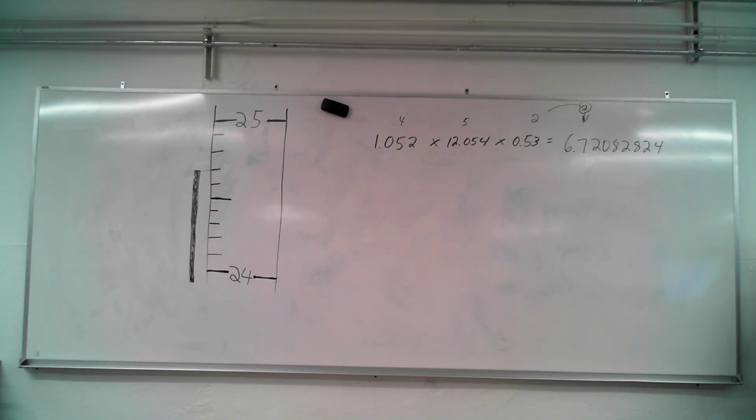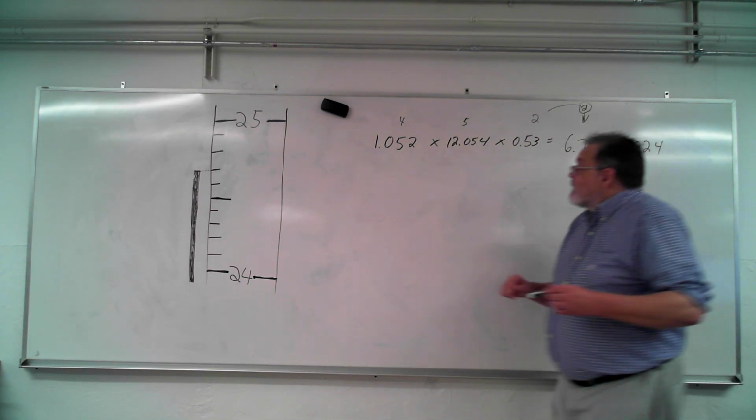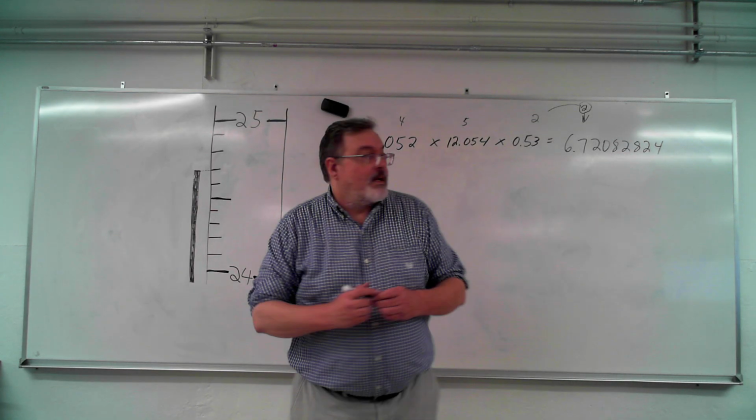I think it's the best way to understand this. I hope that shows up. But this is the way I do it. I write down everything my calculator gives me.